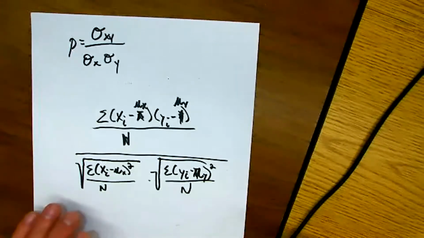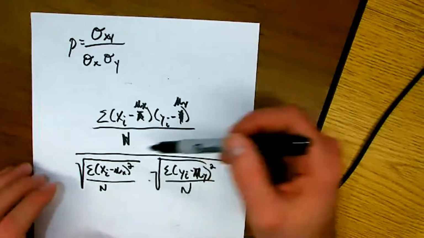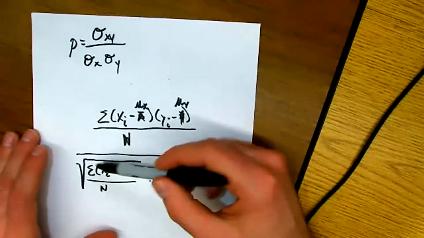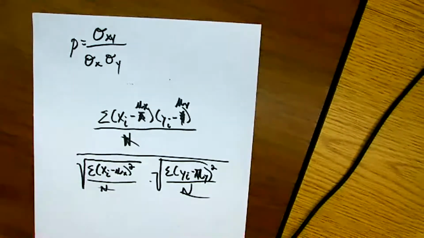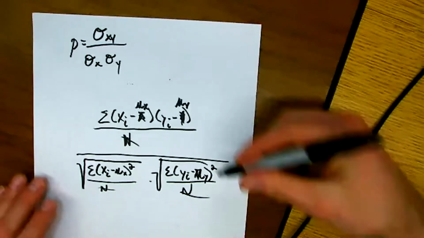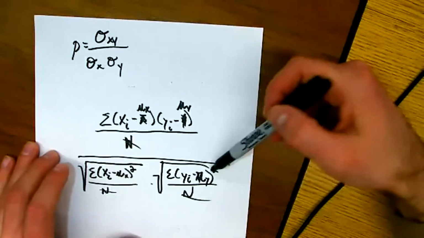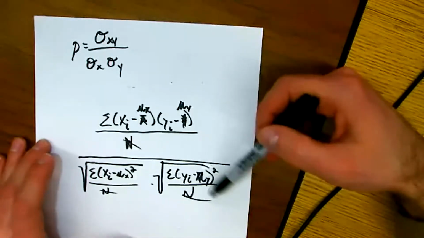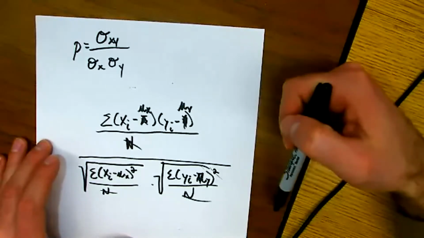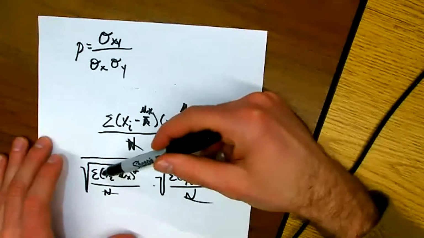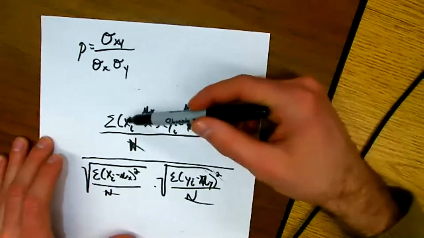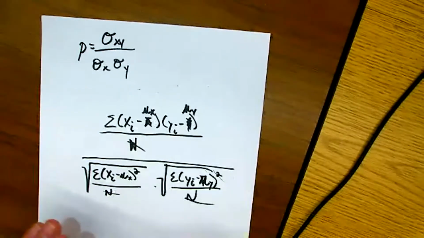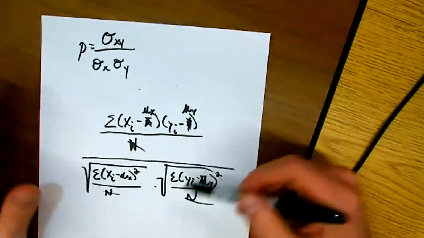So you can imagine, once I divide this, I've got n divided by the square root of n times the square root of n. You can imagine how those are going to cancel. I'm taking the square root of things that are getting squared, so you can imagine how that cancels. I then have the difference between x and the average x times the difference between y and the average y. I've got that up here. Now, that's not the perfect math because these summations do some different things.